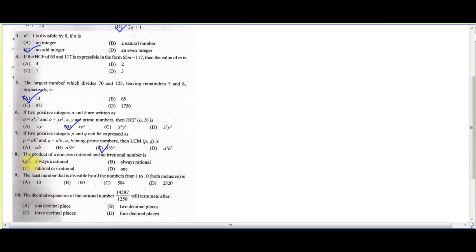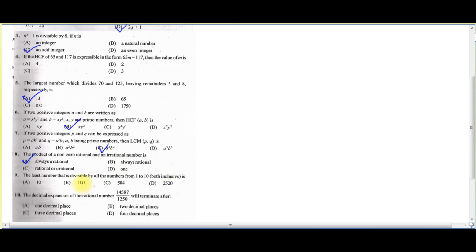The next is the least number that is divisible by all numbers from 1 to 10, both inclusive. Let's check the options. The first option, 1 to 10, is not possible at all.